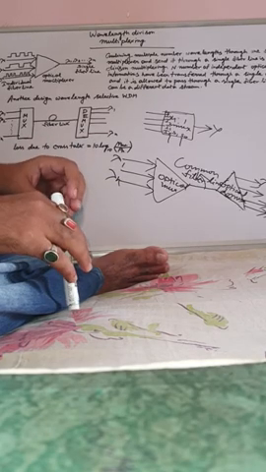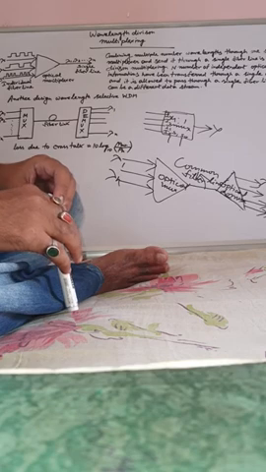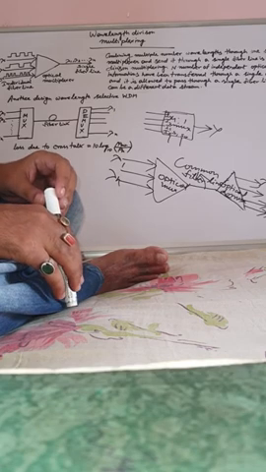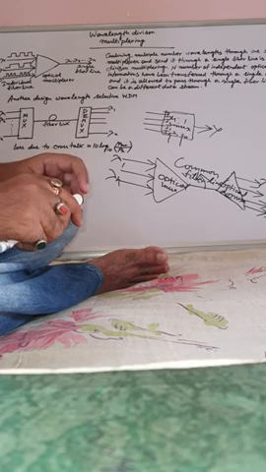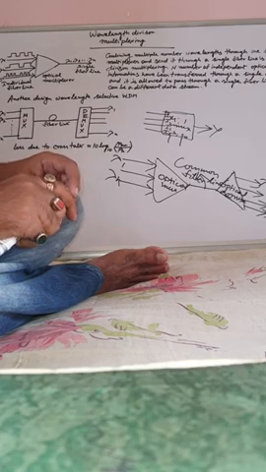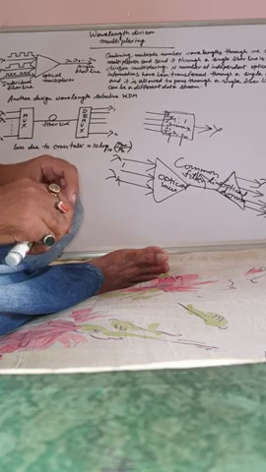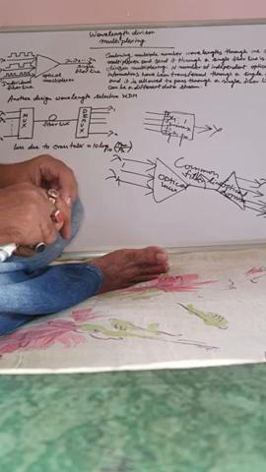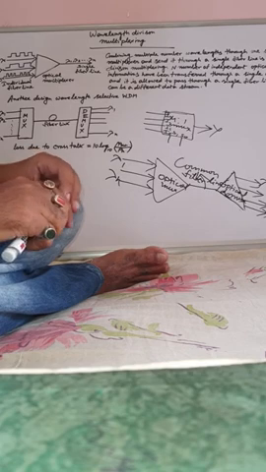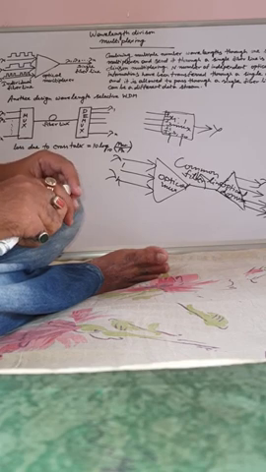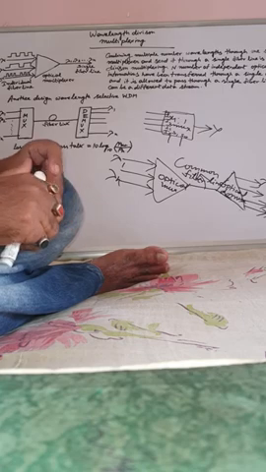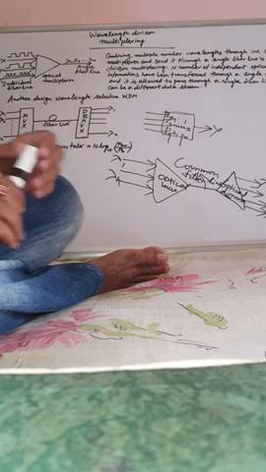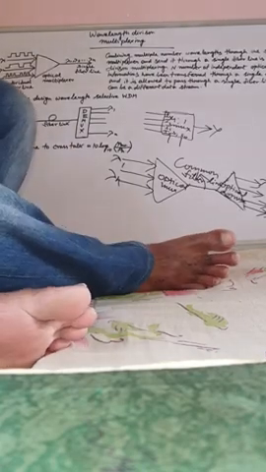Already in BTech I have taught analog communication, AM and FM modulation techniques, amplitude modulation and frequency modulation. So the spread spectrum modulation technique is one kind of digital modulation technique you need to learn, and after that we will have to learn telephone communication networks. So this is your wavelength division multiplexing.